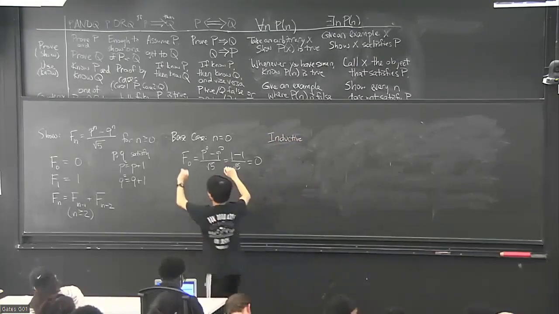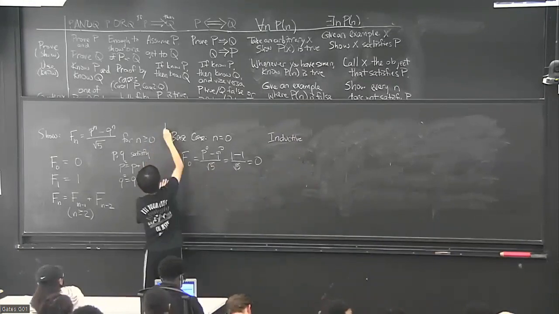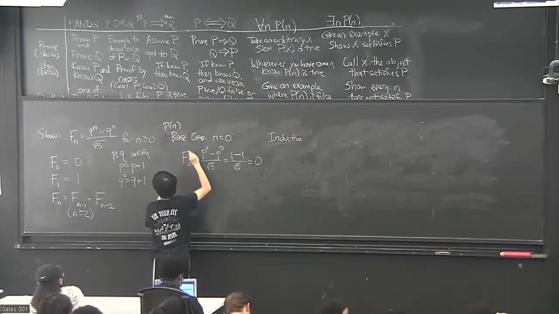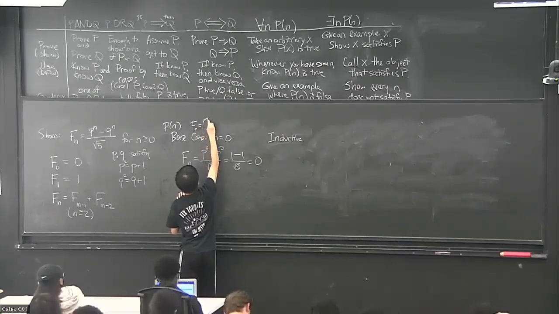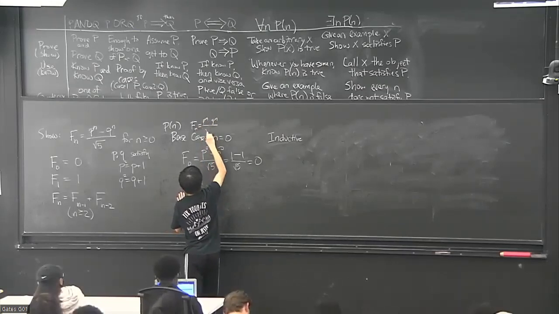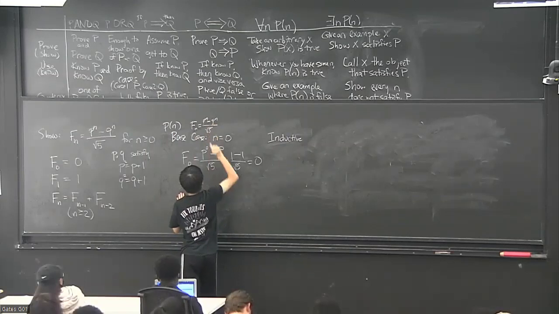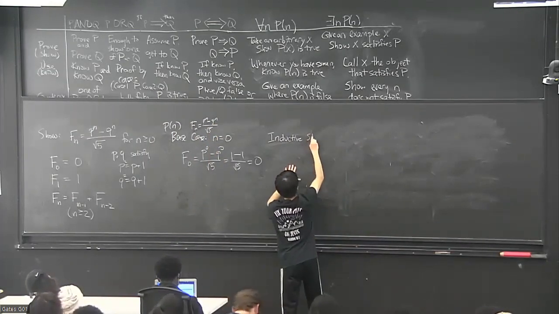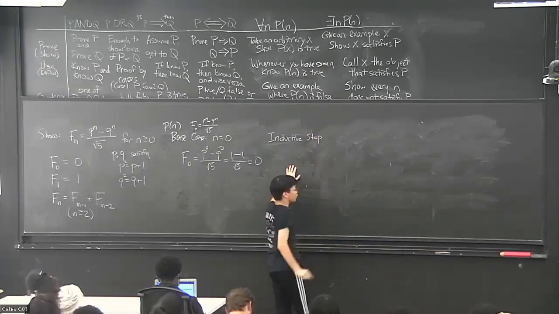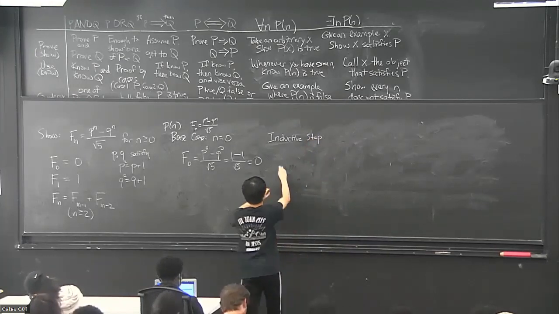Oh, I'm sorry. I keep forgetting this. But what's P of n? My inductive step: what do I assume? I assume P of k.